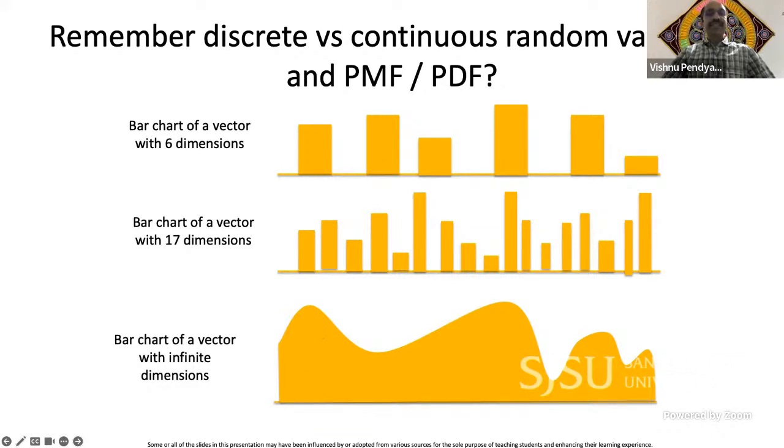So it's basically like a function. This is quite similar to the PMF and PDF in probability: probability mass function versus probability density function. One is discrete and the other is continuous. A PMF could be something like this and a PDF could be continuous like this.